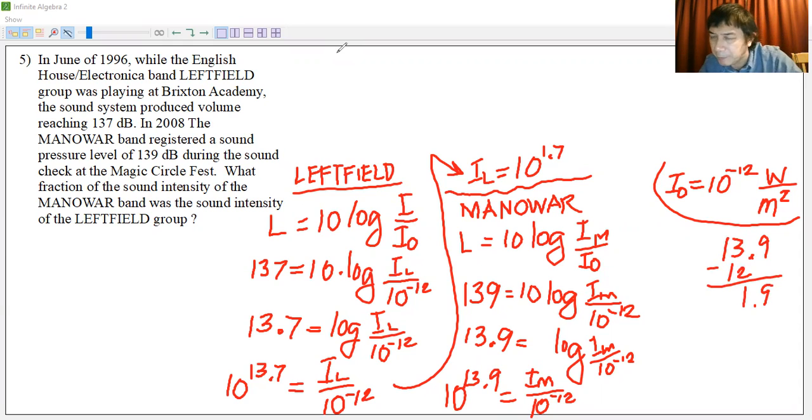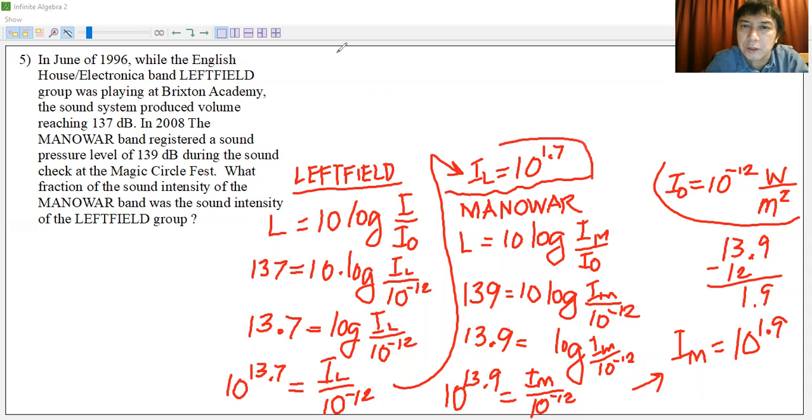So the value of IM is 10 raised to 1.9. And we have the two values. What we need is this and this to compute for the required.